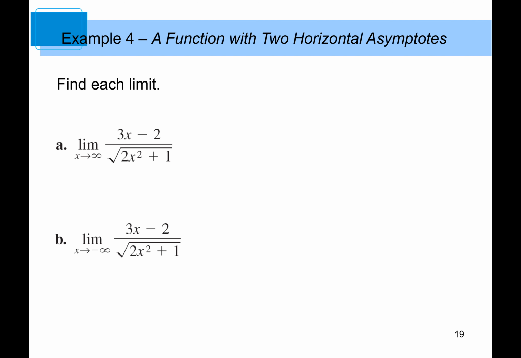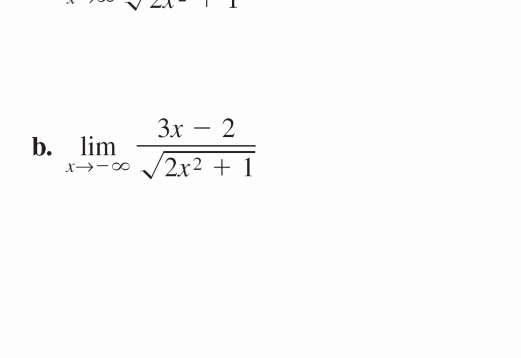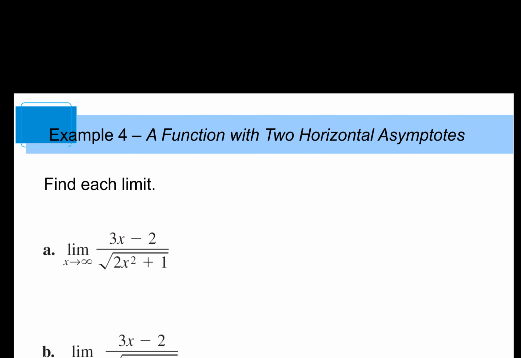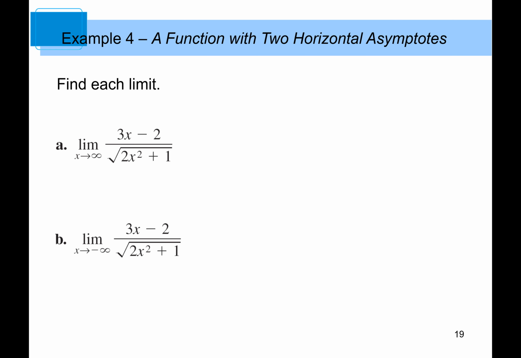Let's take a look at example number 4, a function with two horizontal asymptotes. Okay. Let's say we have the same function, f of x is equal to 3x minus 2 over the square root of 2x squared plus 1.